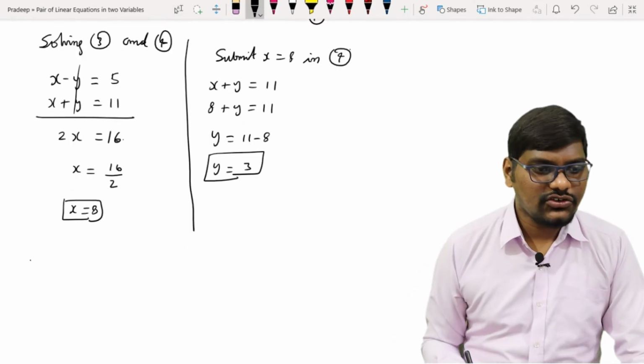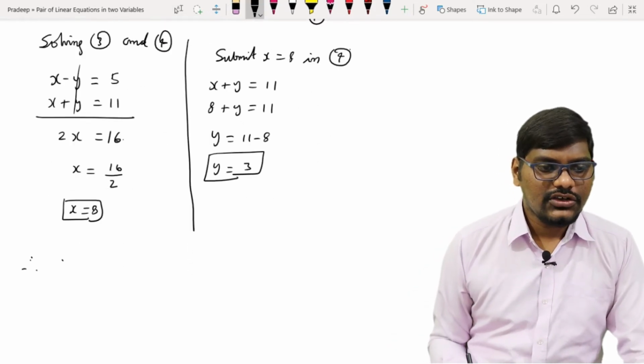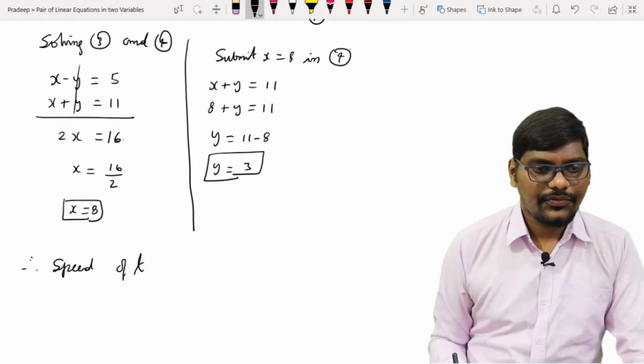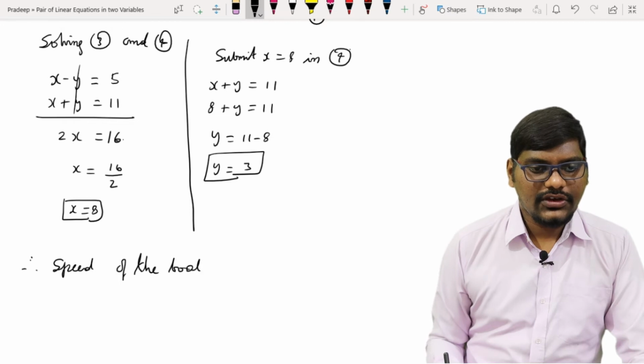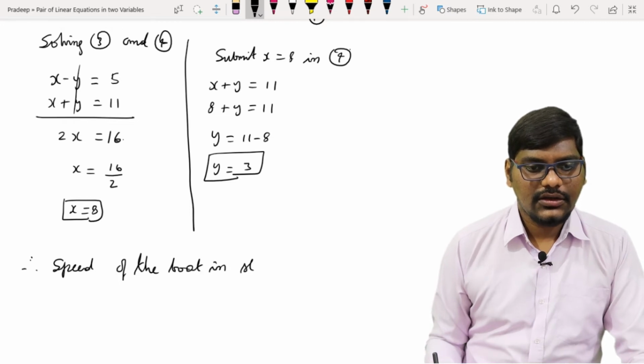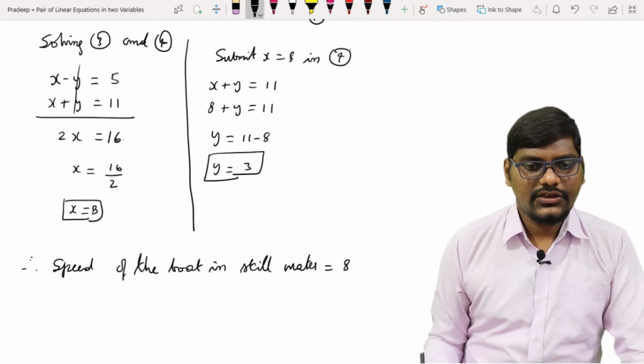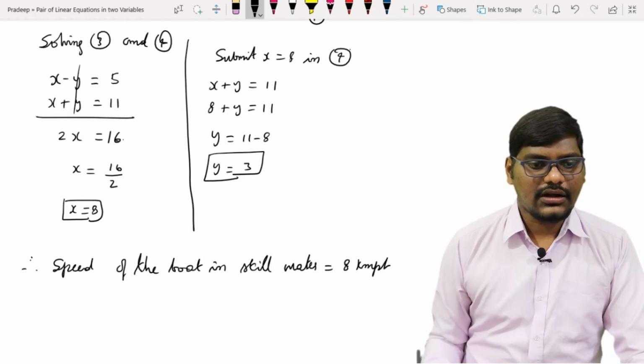So let's write the conclusion. So I can write therefore speed of the boat in still water, so that we will be getting as 8 kilometer per hour.